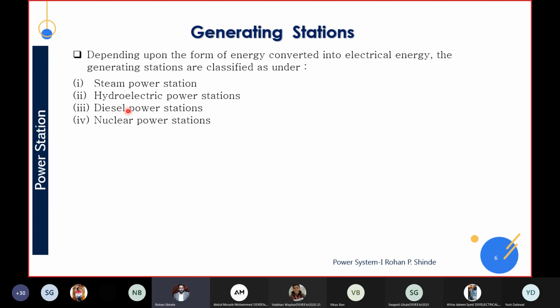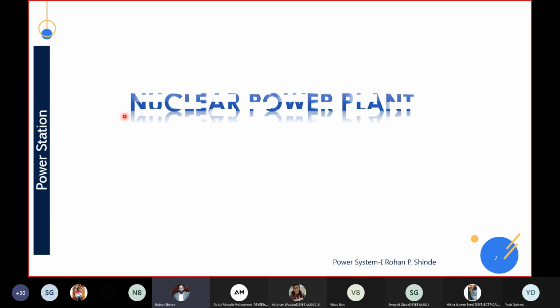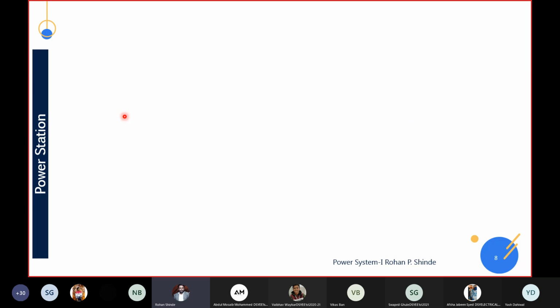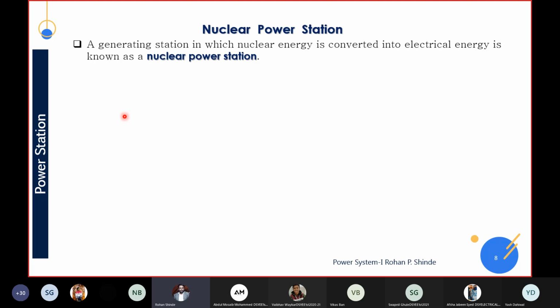In this lecture we are going to start the nuclear power station. First of all we will see the introduction about nuclear power station.